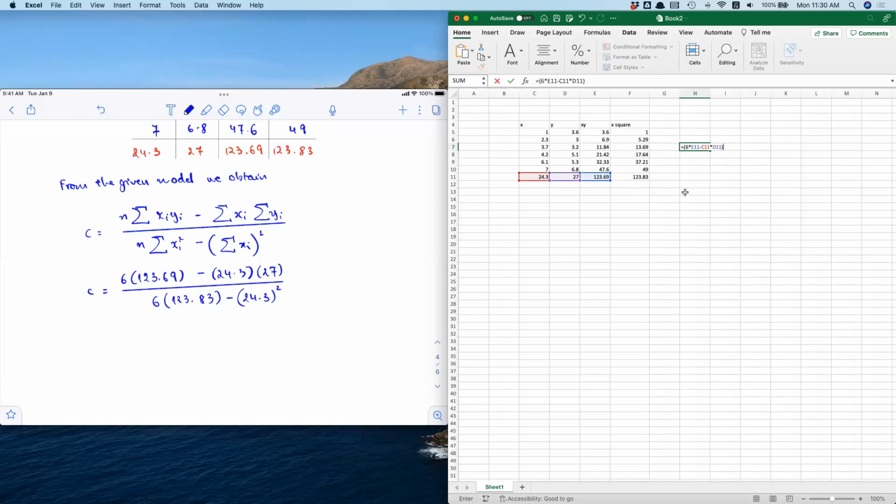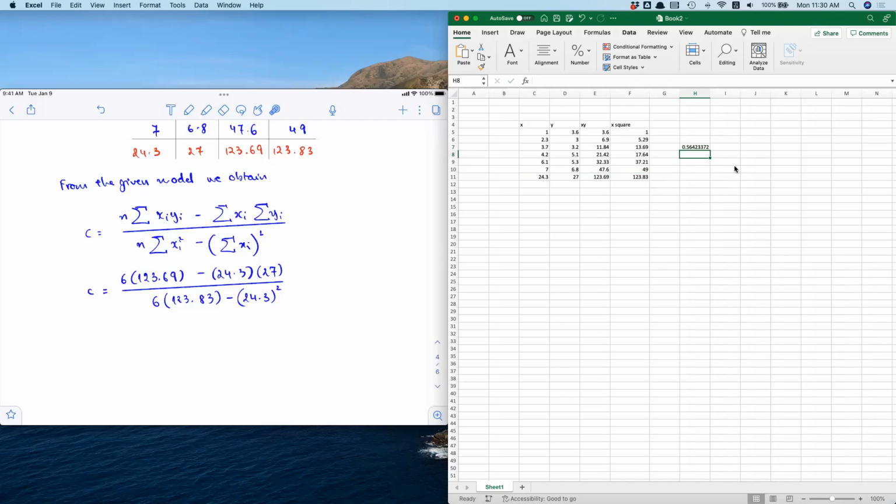Now for the denominator, divided by open parenthesis, 6, that is the number of points you have, times the summation of x squared, minus open parenthesis, 24.3, then you square it, close the parenthesis for the square, and then close the parenthesis for the denominator. You hit enter, and it's going to give you the evaluation of c.